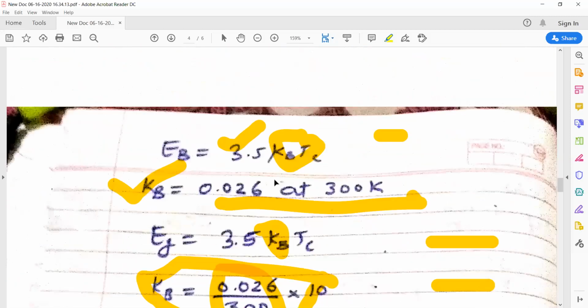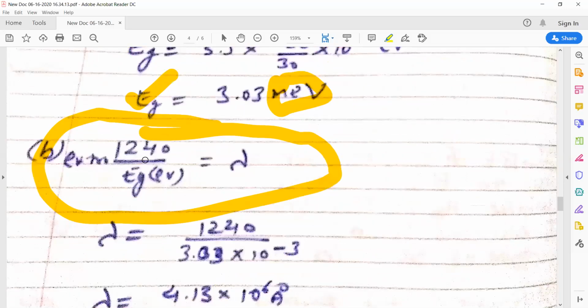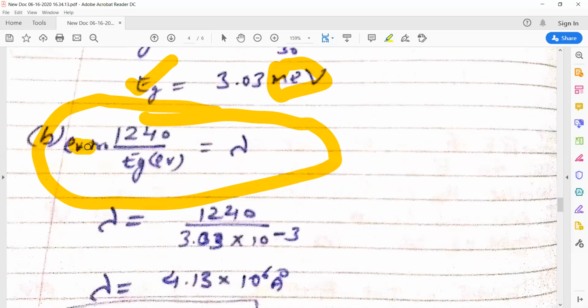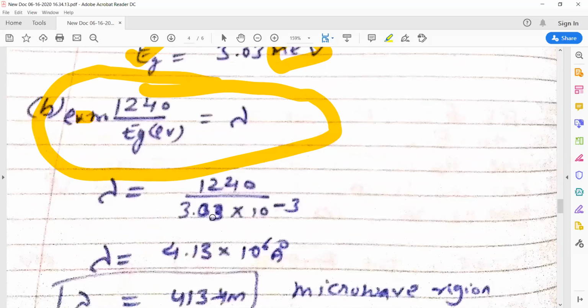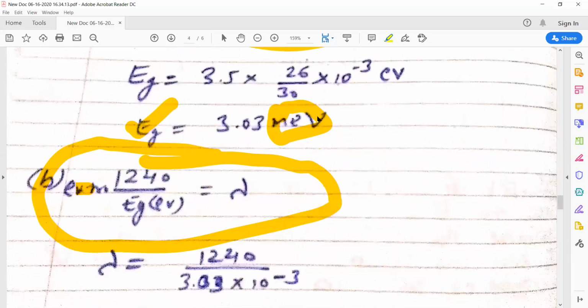So lambda equals hc by E, so 1240 upon E is equal to lambda, and this is in nanometer. So lambda is equal to 1240 divided by the energy in milli electron volt.